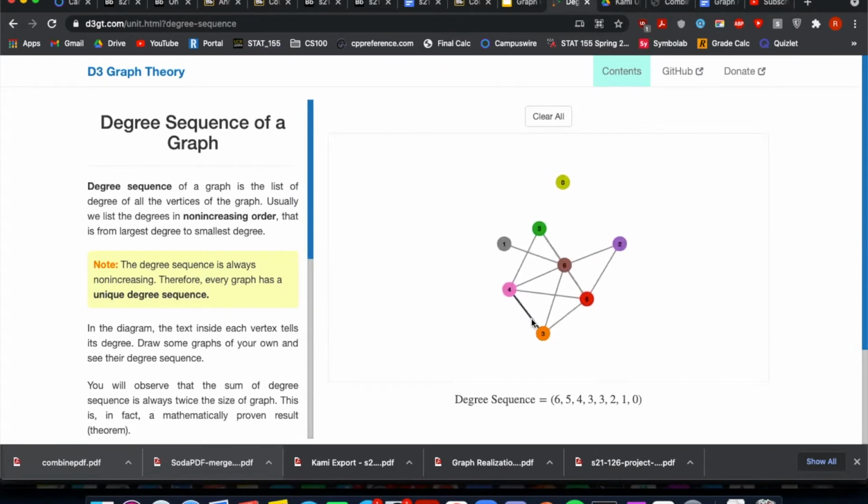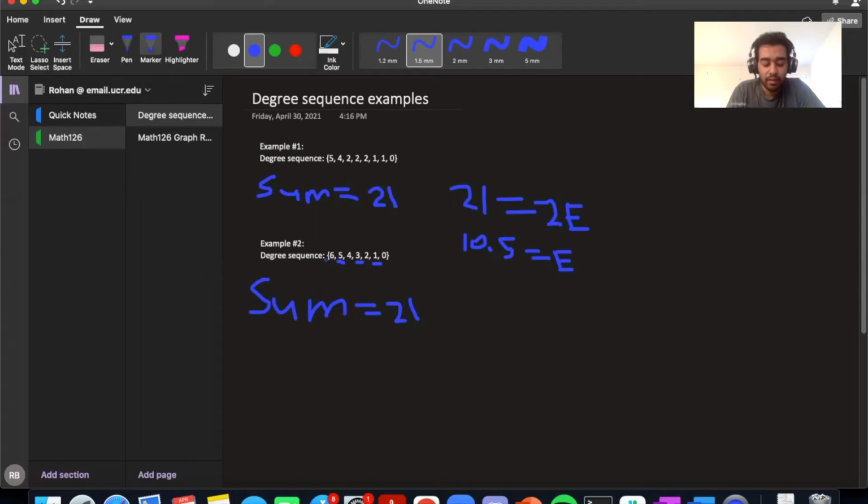If we try to remove a vertex from here, then we'll get two vertices of degree 5, so that can't work either. And if you try to remove a vertex here, we'll get two vertices of degree 3 and two vertices of degree 2, which we do not want.